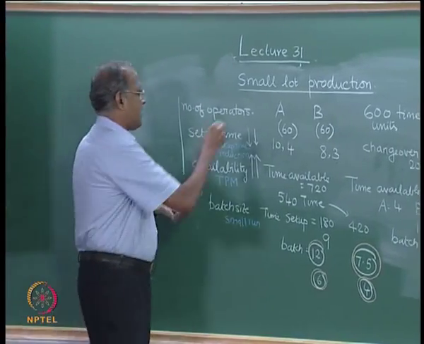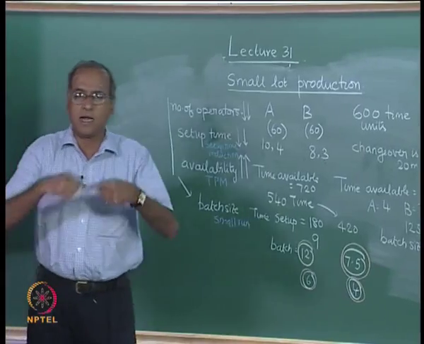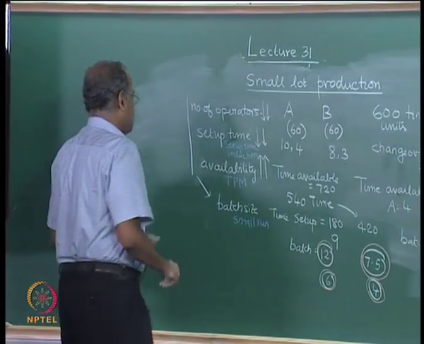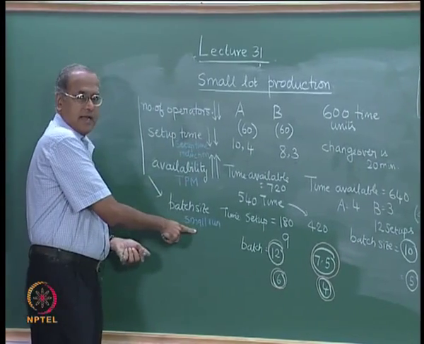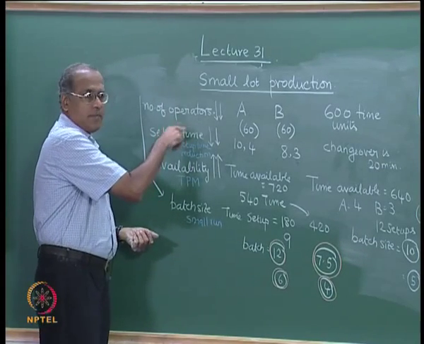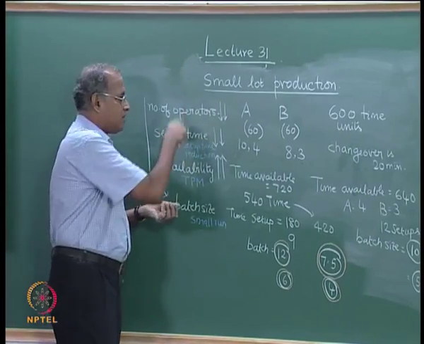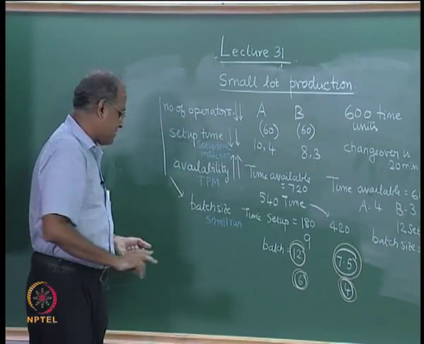Decreasing the number of operators either through automation or dedication or rabbit chasing would help us again create extra time. So, decreasing the number of operators increases the time required, increasing the number of operators decreases the time required.